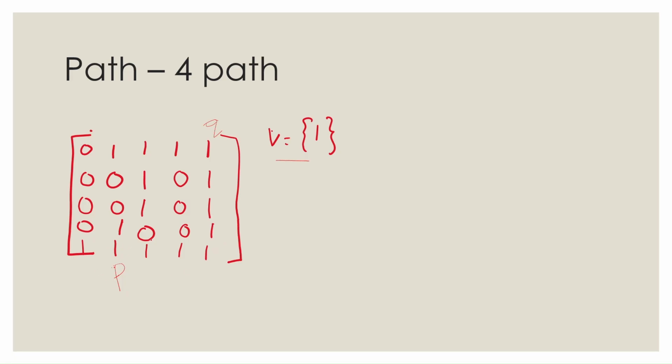Now we are going to start here and end here. We have to check for 4 paths, that is, we have to check for N4 of P, the 4 neighbors of a pixel. 4 neighbors means whether we can go horizontally or vertically and not diagonally.